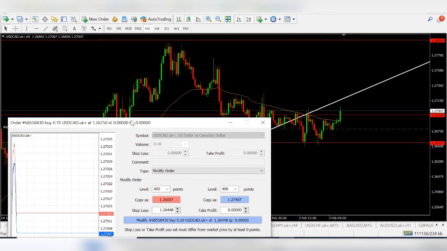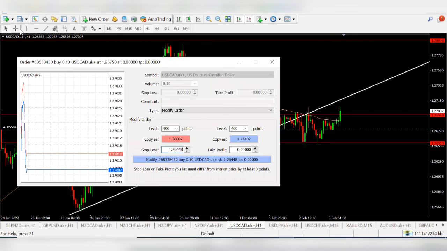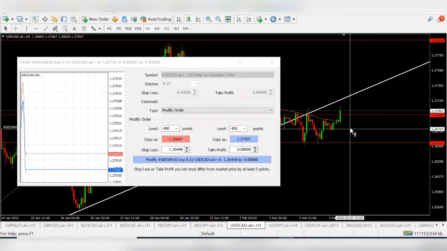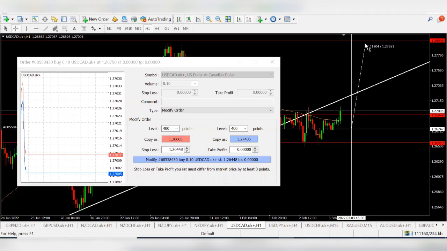But on the higher time frame, I have my eyes on that next zone. That for me is my next zone. That's roughly about 127 pips away from my entry level. This zone here. So I'm 120 pips away, 1.2795.